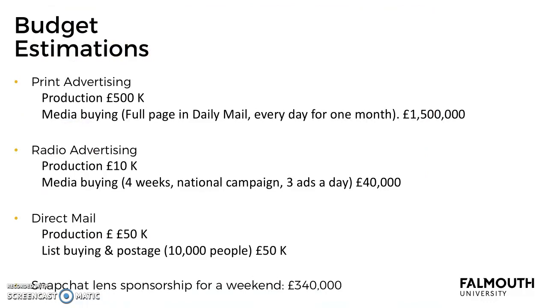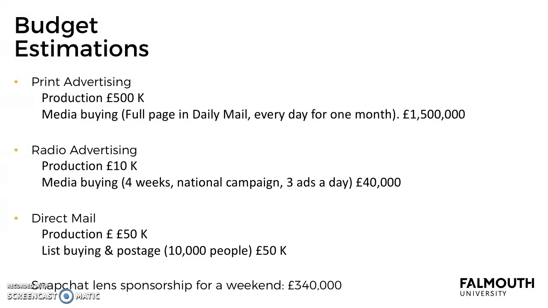So on the screen now is an example of the kinds of budget estimates you may want to make for your campaign. I've got a rough estimate for print advertising with a full page in the Daily Mail every day for 1 month. I've also got an estimate on the screen for some radio advertising, so for a national campaign for 4 weeks with 3 ads a day.